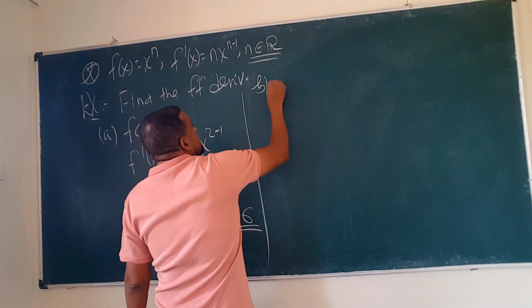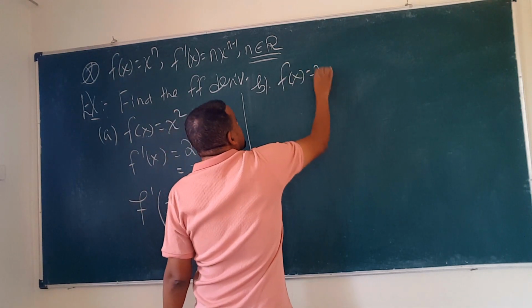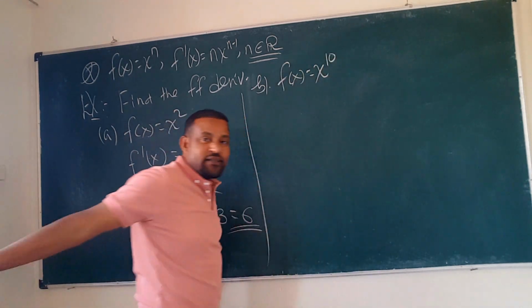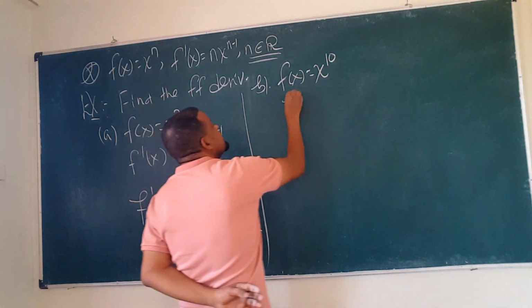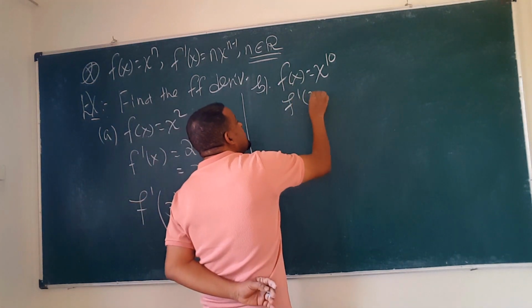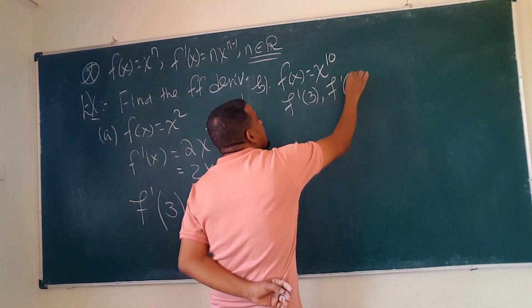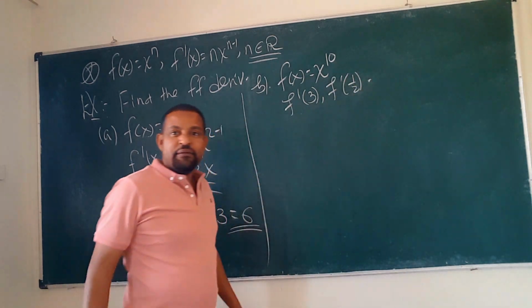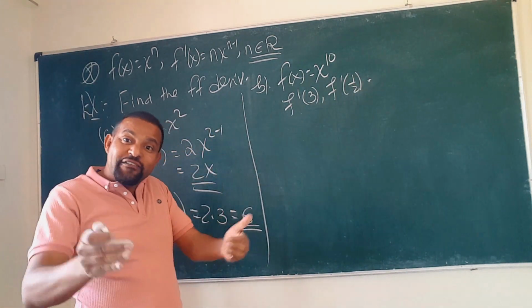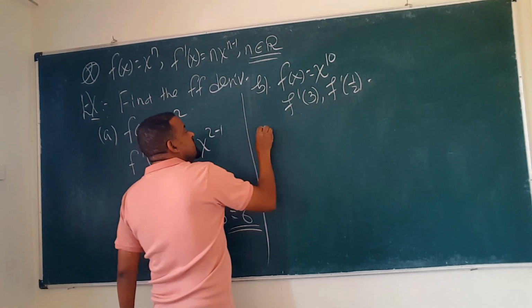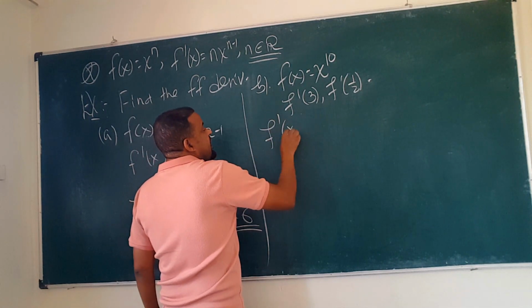Say for example f of x is equal to x the power of 10. Find the derivative of this function at 3, or at 1 over 2. First you differentiate the function.